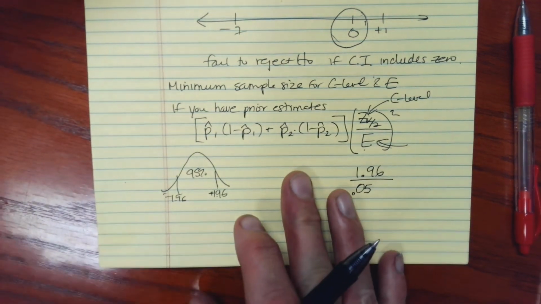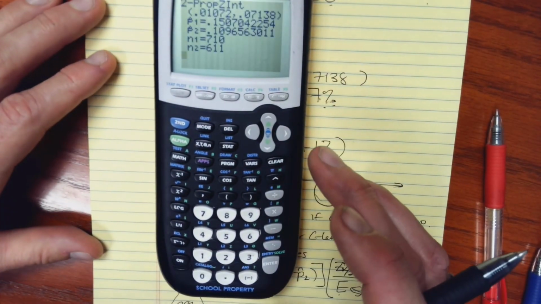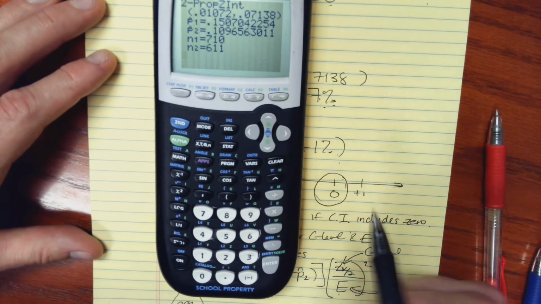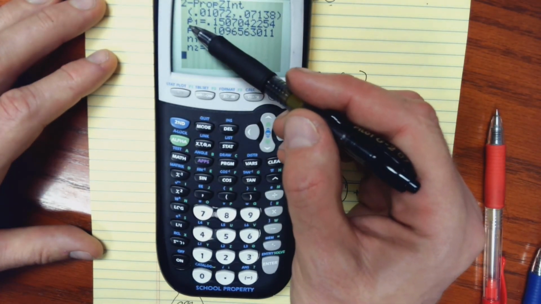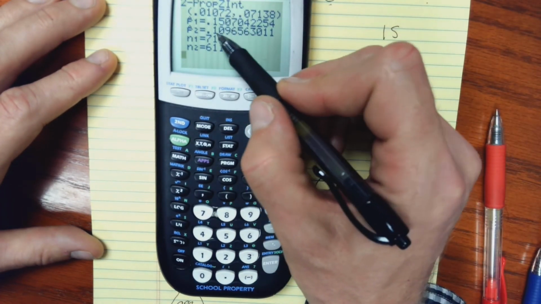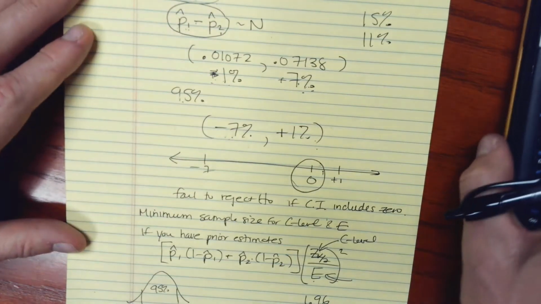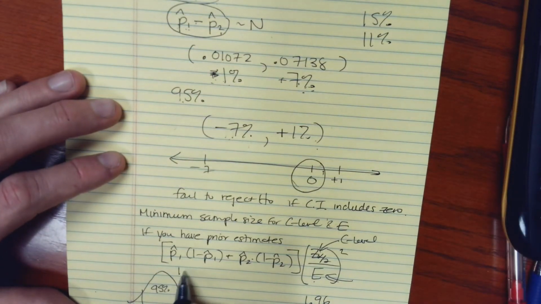Now, what if I had the prior results from our previous example, where p hat 1 was 15% and p hat 2 is about 11%. So I would take my 15%, 0.15, and then 1 minus that, which would be 0.85.